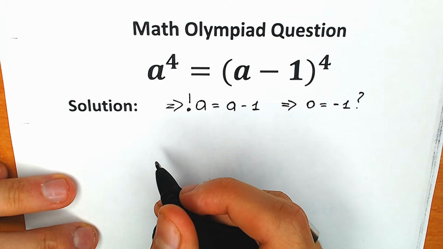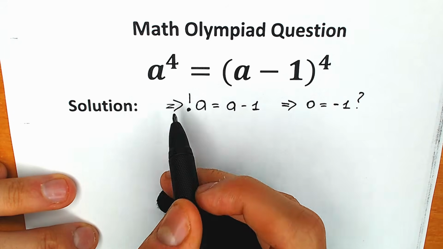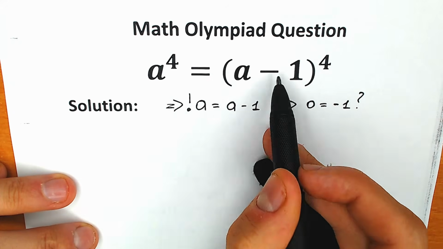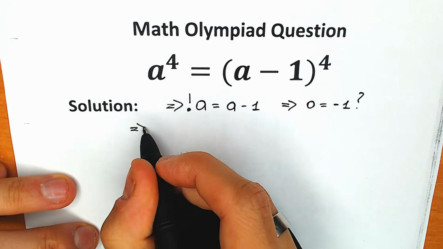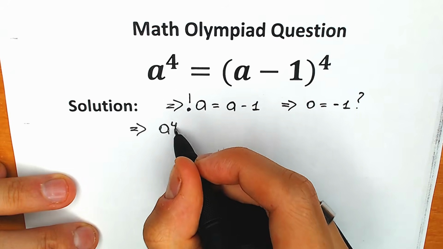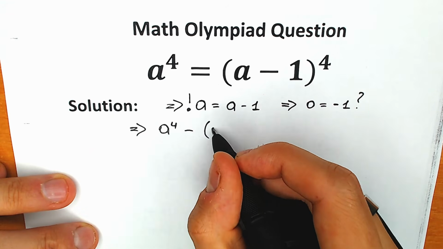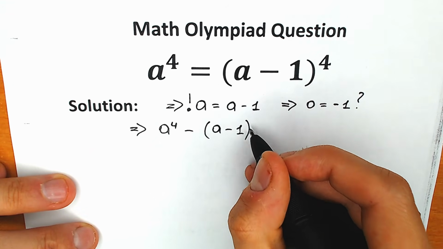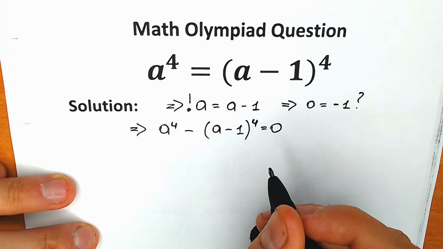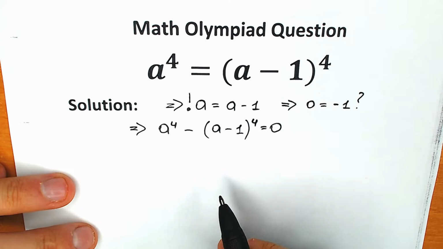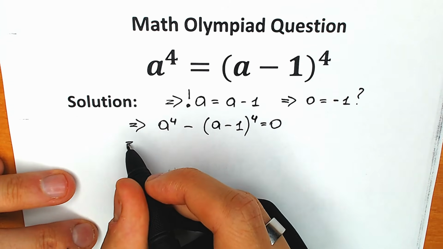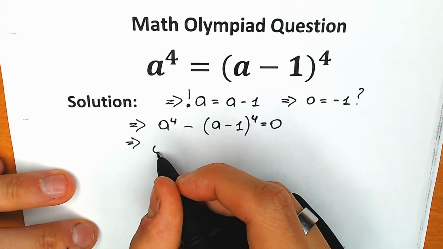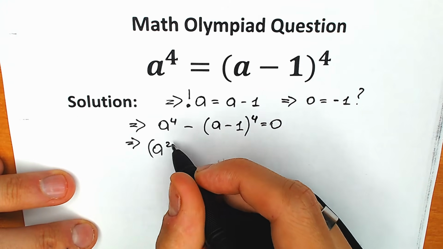Okay, so first of all, let's rewrite this expression on the left side. So a to the power 4 minus (a minus 1) to the power 4 equal to 0. So everything we write on the left side. What we're going to do next, instead of this a to the power 4, I want to write a square to the power 2.